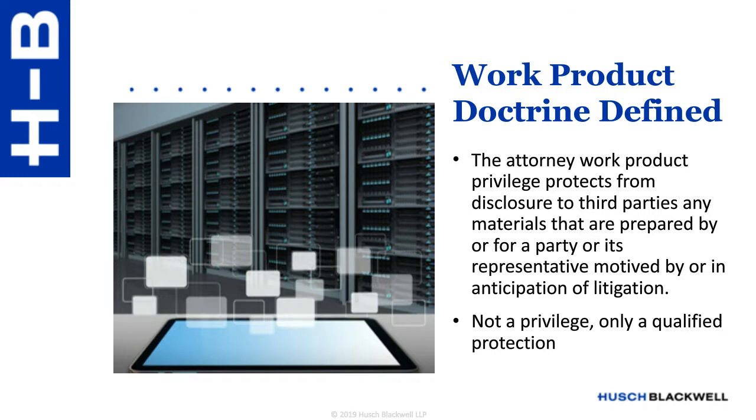While the work product doctrine does shield an attorney's mental impressions, opinions and conclusions from opposing counsel and from the discovery process, it is not a privilege like the attorney-client communication is. Rather, work product is given qualified protection from discovery as a concession to the necessities of the adversary system.